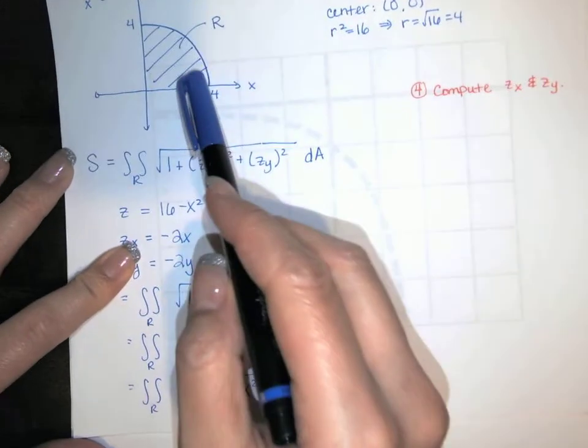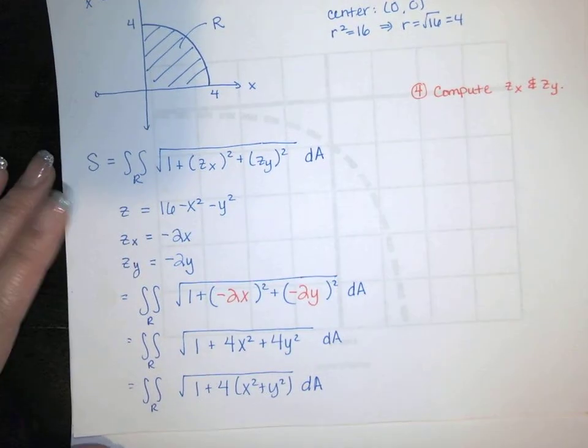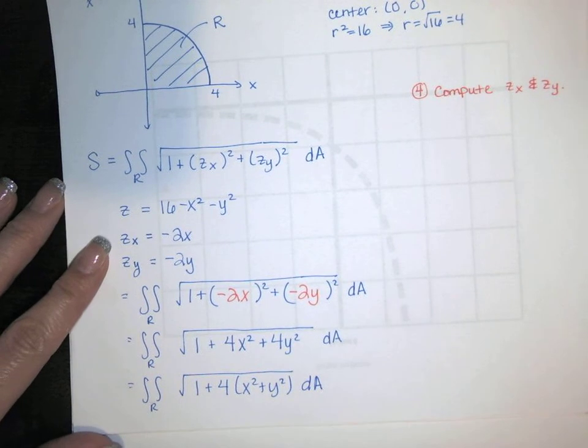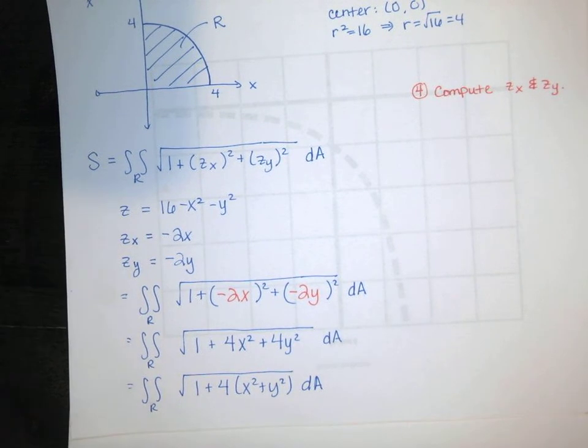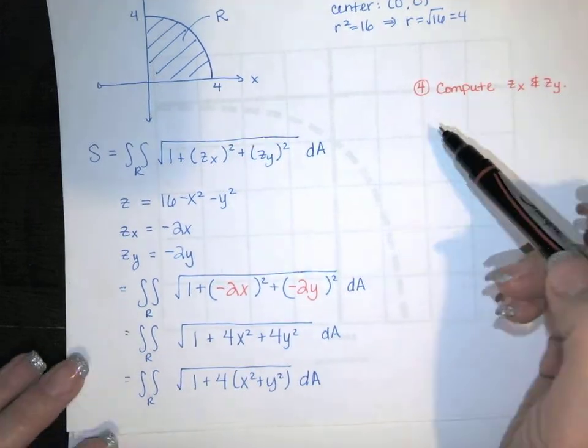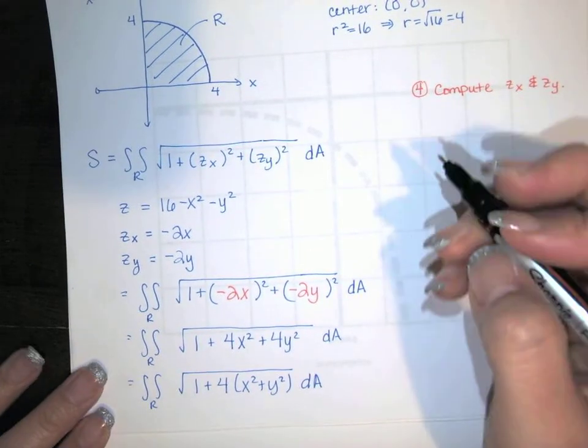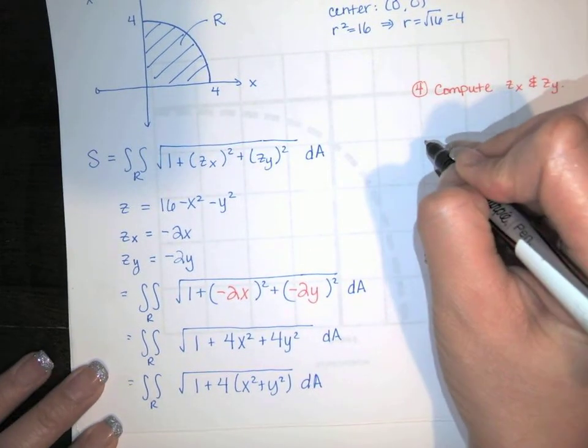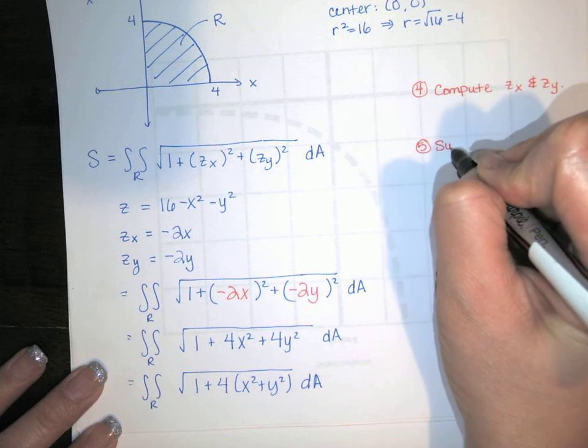So our region R is probably going to be easiest to describe in polar coordinates. And I've got an integrand that has an x squared plus y squared in it. So that's going to be easy to describe in polar coordinates as well. So what did we do? We computed our partials. We substituted into the surface area formula.